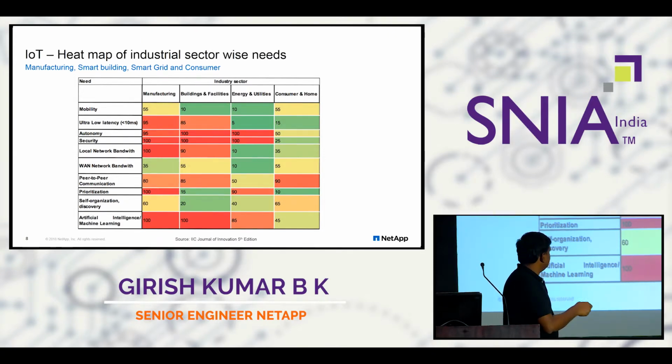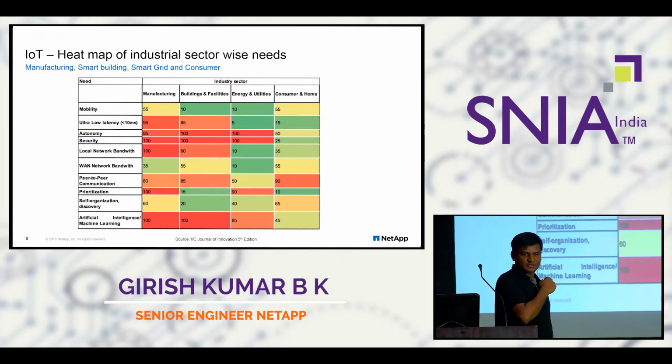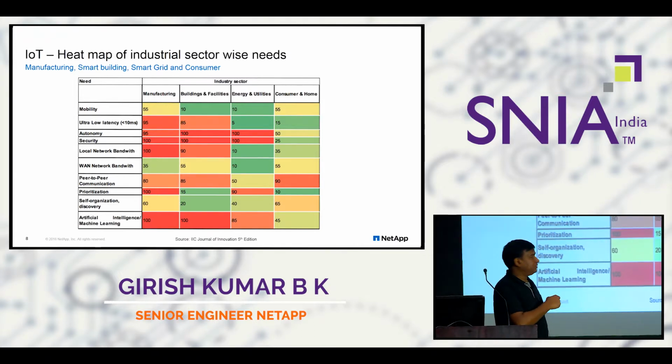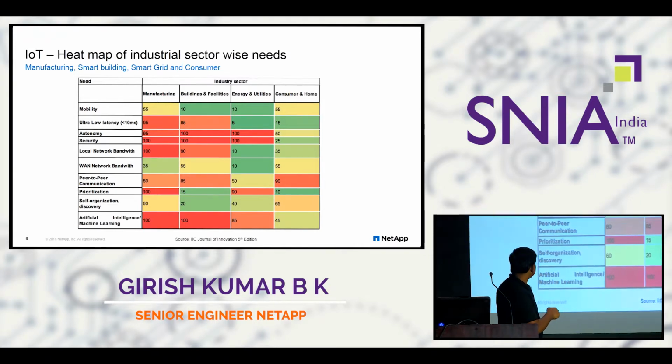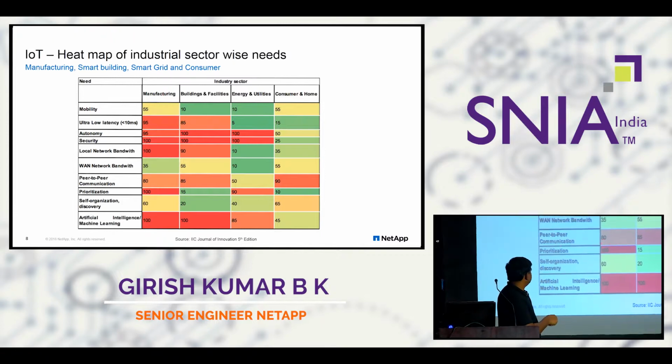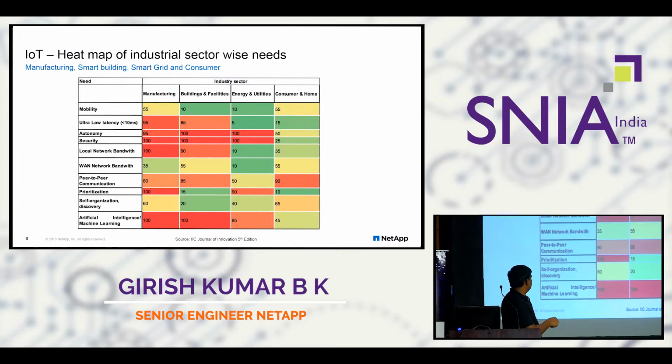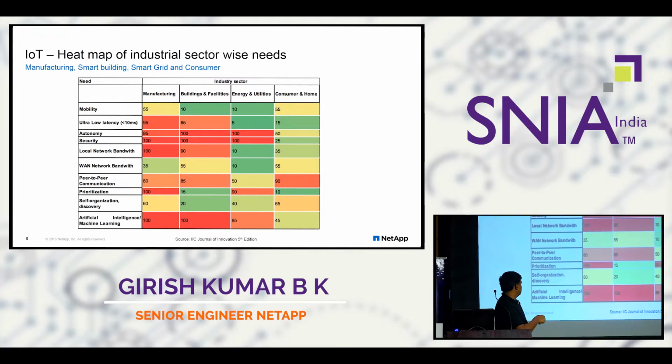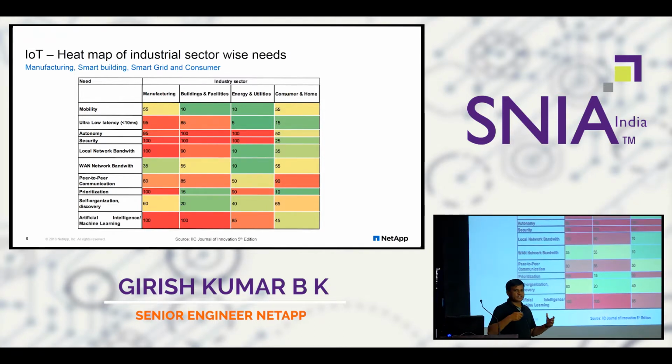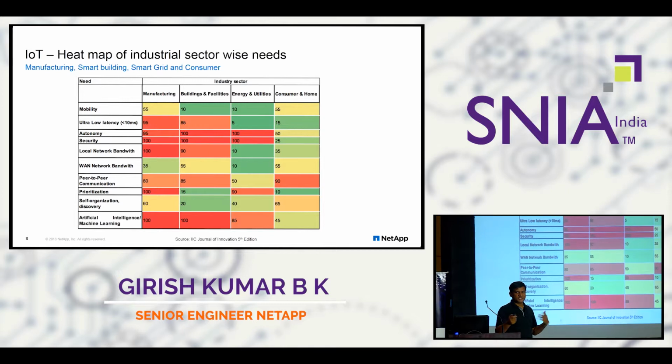For buildings and facilities, again, it's 100, it's very essential. Security, I need not tell you anything about, because it's essential for anybody to have. And peer-to-peer communication is something coming in the future, where the edge devices themselves talk to each other and share information.